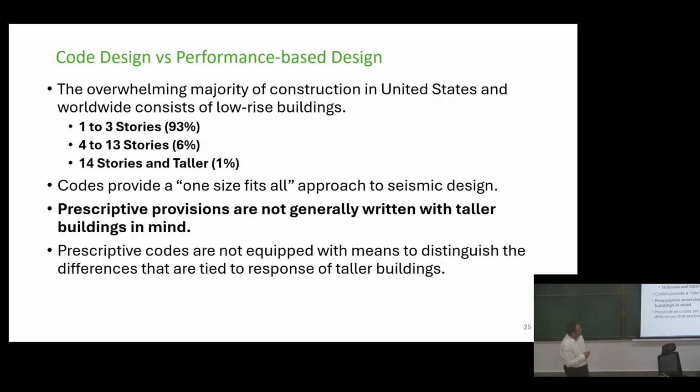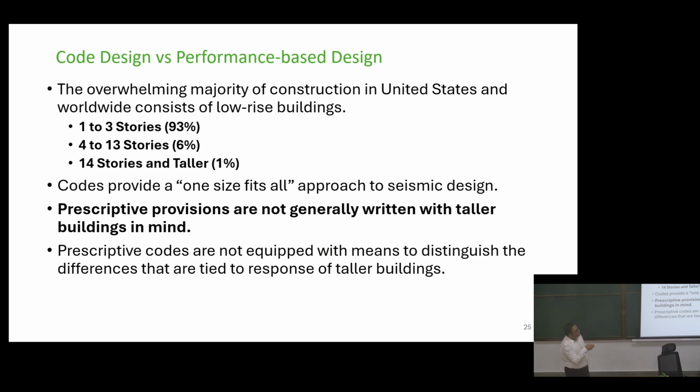So to summarize, the majority of construction in the United States and worldwide consists of low-rise buildings, right? 1 to 3 stories is 93% of the buildings globally. 4 to 13 stories is 6%, 14 stories and taller is 1%. The code generally says it's applicable to all these 3 building types.